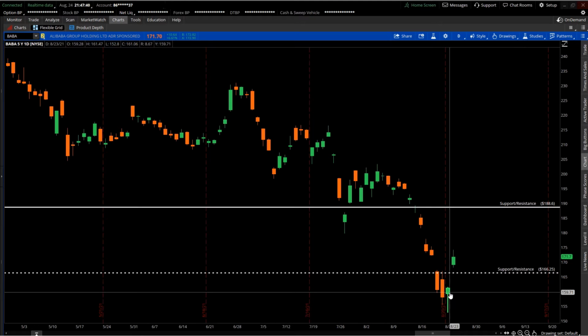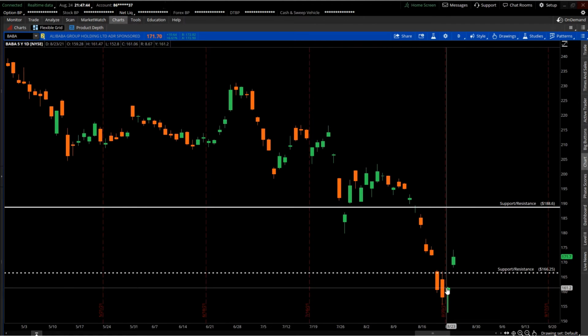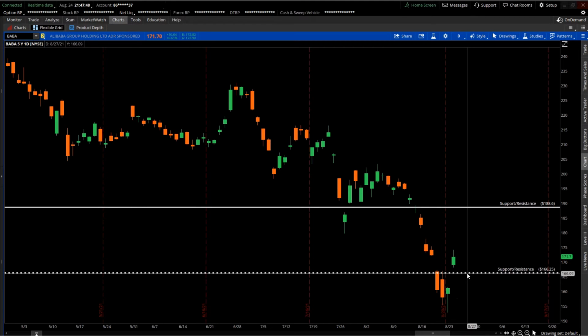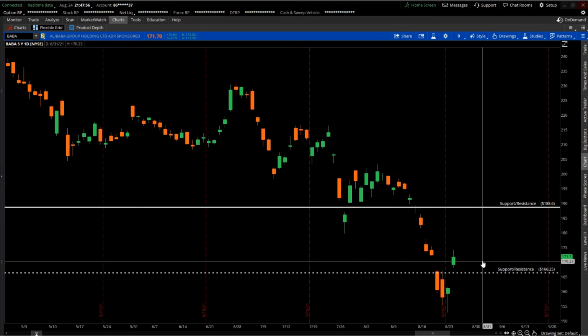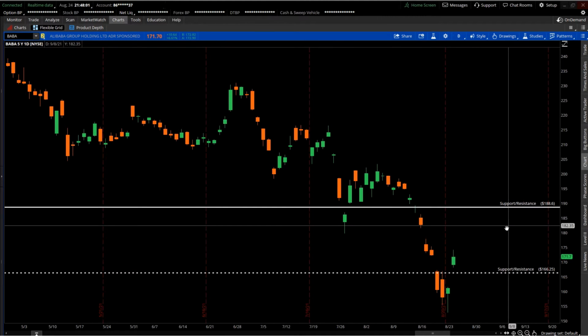Yesterday it closed here, and then during the overnight session and going into the market open today, price gapped up above this mid-level resistance. So there's a probability that price would stay above this range and maybe continue higher, which I think it will.